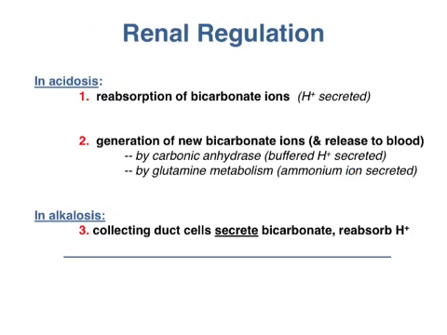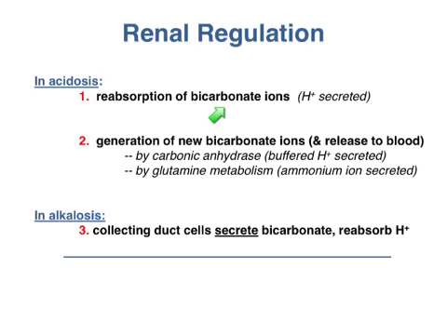Now let's bring the kidneys in. The kidneys work along with the respiratory system to keep a stable pH, although, like I said, they act over a bit of a longer time frame, hours to days, instead of the minutes that your respiratory system can act in. So the kidneys control pH by controlling the amount of hydrogen ions or bicarbonate ions that are released in the urine.